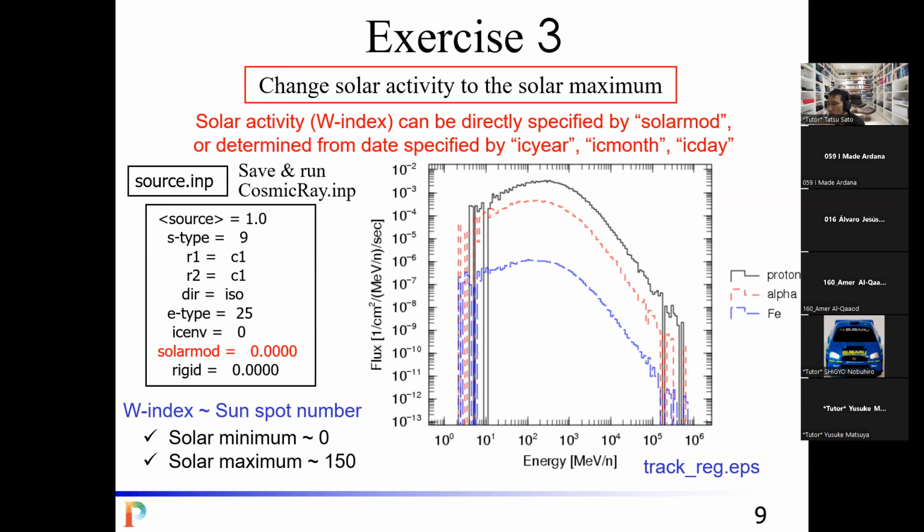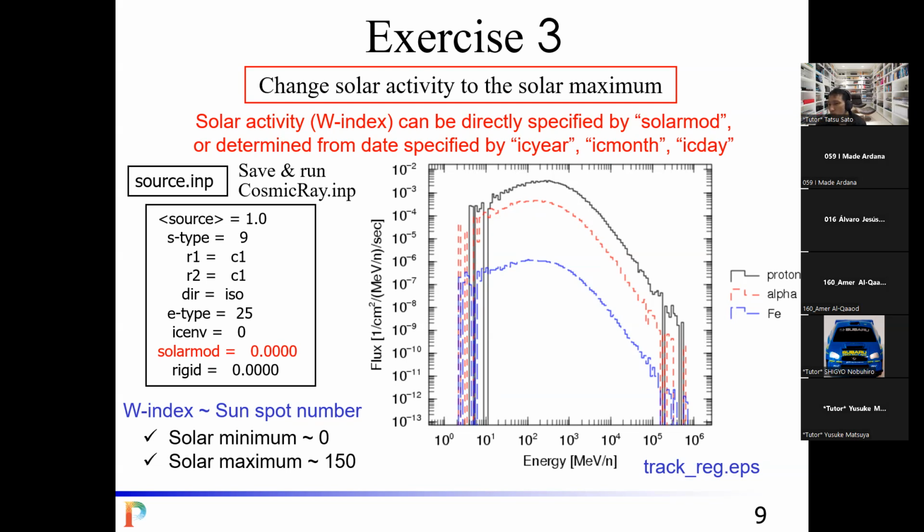Okay, so I got a question. Is it possible to change the solar mode parameter database manually? Of course, you can change the solar modulation parameter as you want, but the date and solar modulation parameter database, you cannot change it because it's already evaluated.